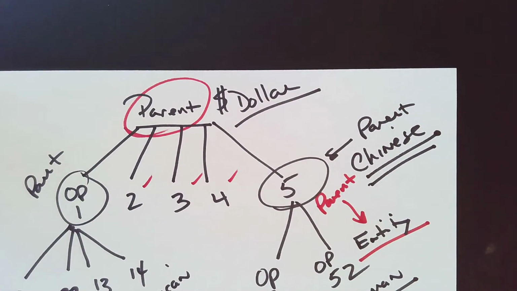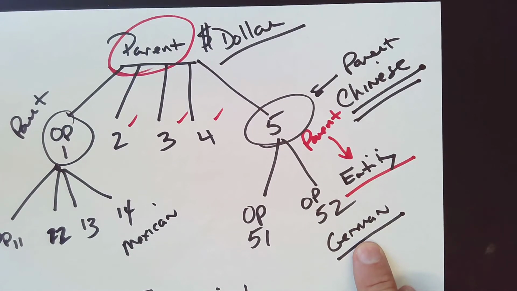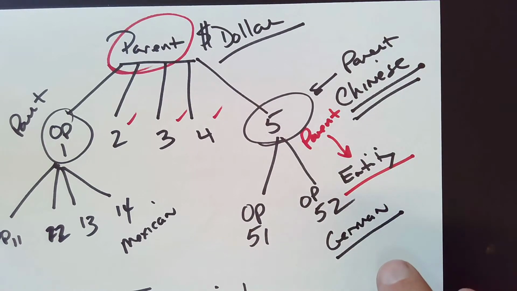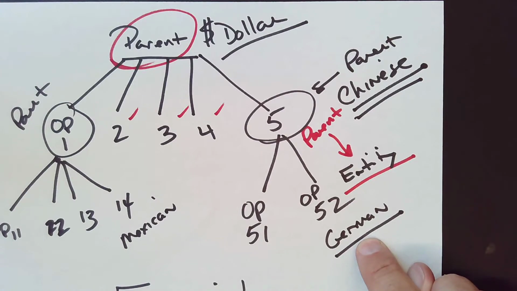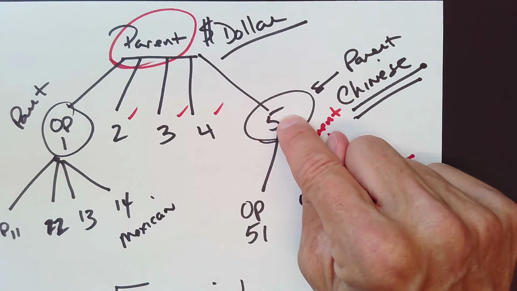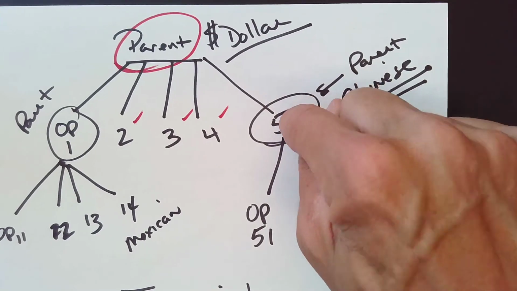Is it for this German subsidiary and its Chinese parent the foreign currency, the German currency, that is the functional currency, or is it the parent's currency, the Chinese currency? That's what we're trying to make a distinction.